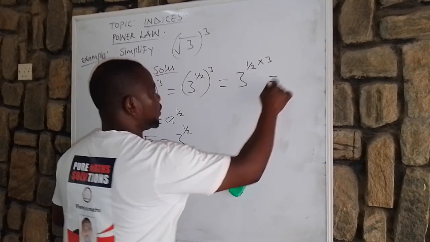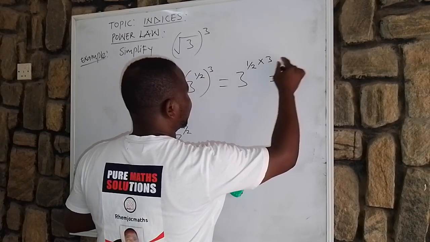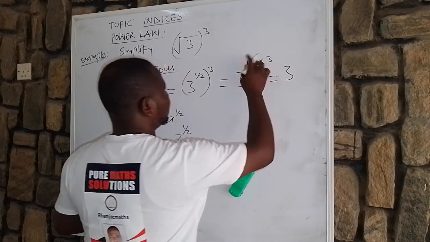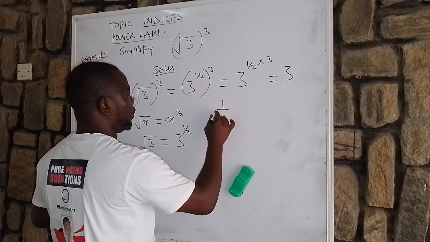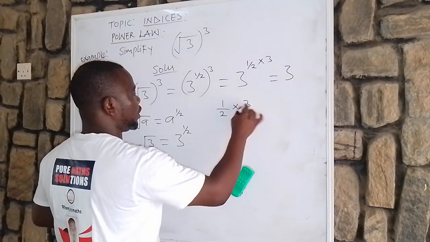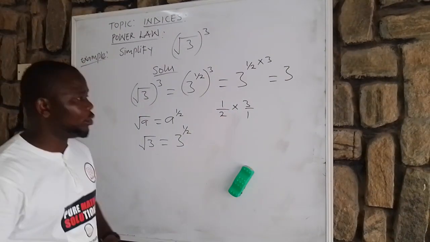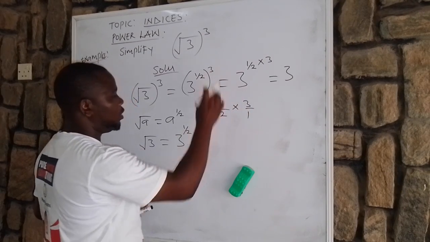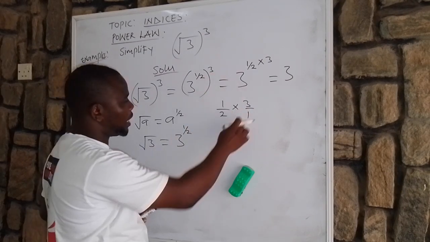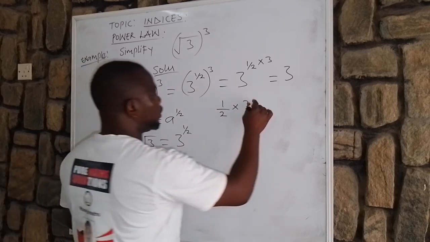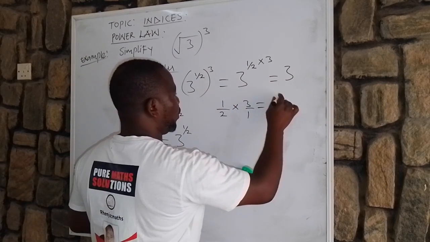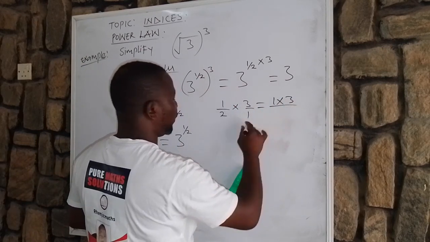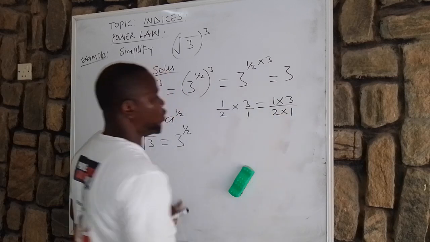Then this is the same thing as 3 raised to the power of, when we have 1 all over 2 times 3, note that there is an invisible 1. Use the numerator to multiply the numerator. Use the denominator to multiply the denominator. So this means this is the same as 1 times 3 all over 2 times 1.